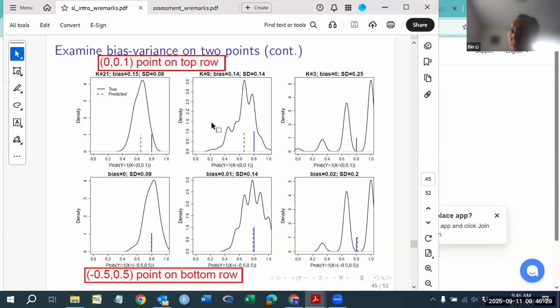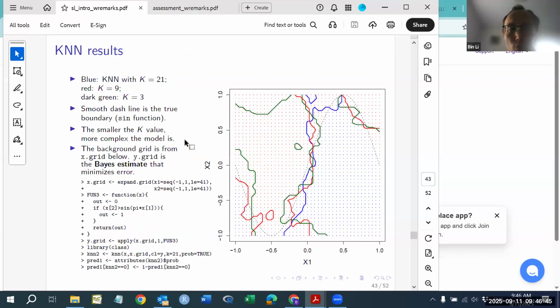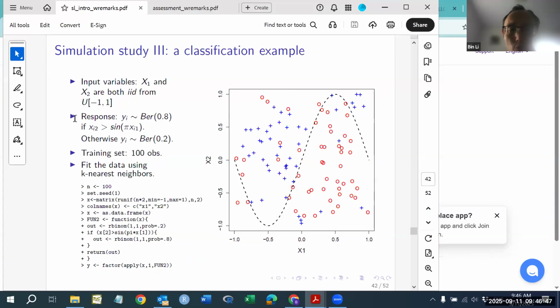Remember, this follows a Bernoulli distribution with probability equal to 0.8.